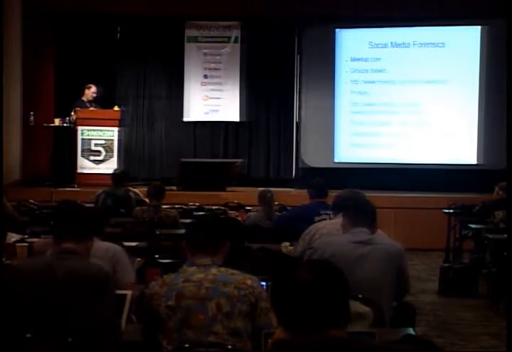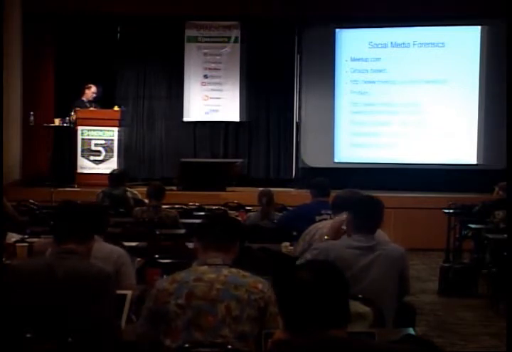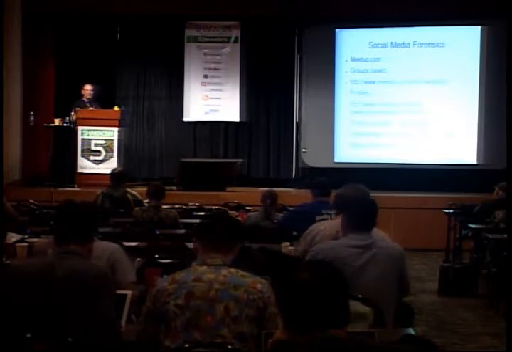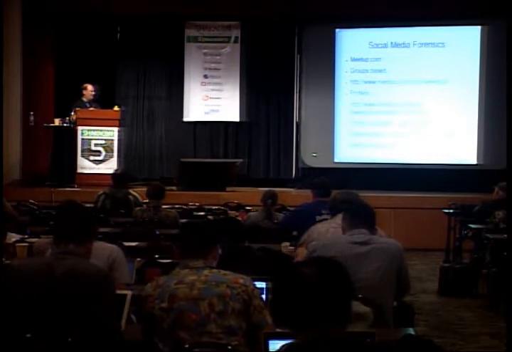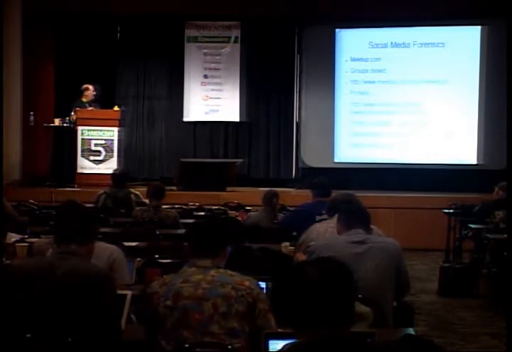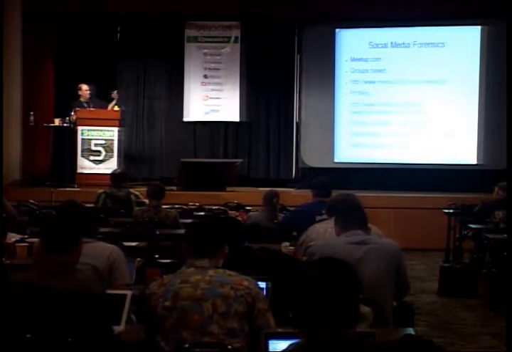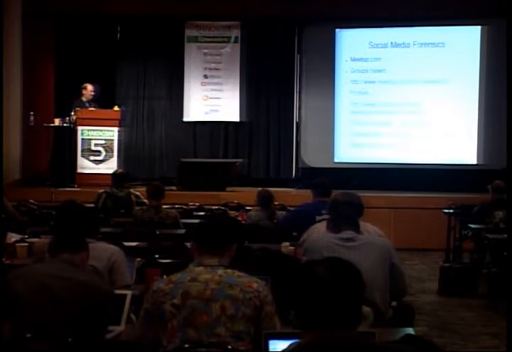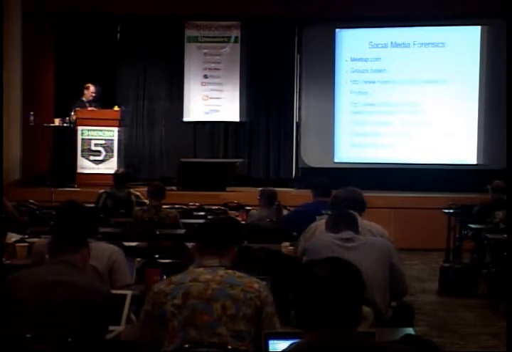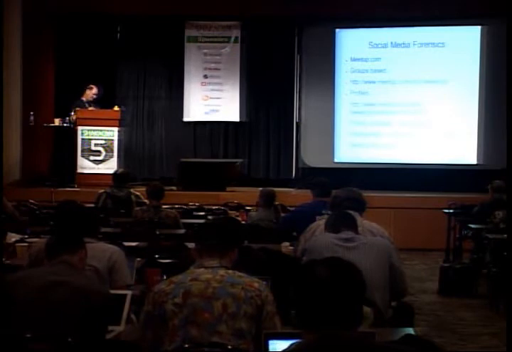The other thing that Meetup is good for is that it lets you do photo uploads. So if you're having a big euchre party in Toledo, Ohio, you can upload photos of you and everybody else playing euchre. And sometimes those photos will help you figure out who all was at this particular meetup party.